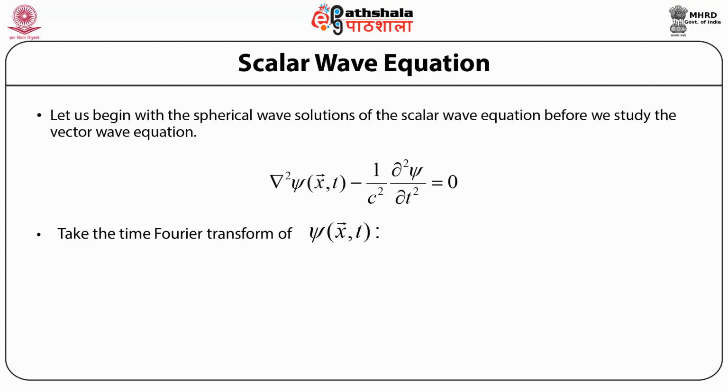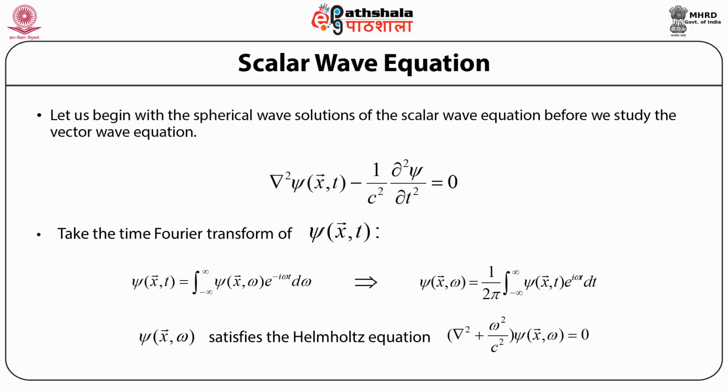We define the Fourier transform of ξ(x,t) in time as ξ(x,t) equals integral from minus infinity to infinity ξ(x,ω) e^(−iωt) dω, so that ξ(x,ω) equals 1 divided by 2π integral from minus infinity to plus infinity ξ(x,t) e^(iωt) dt.